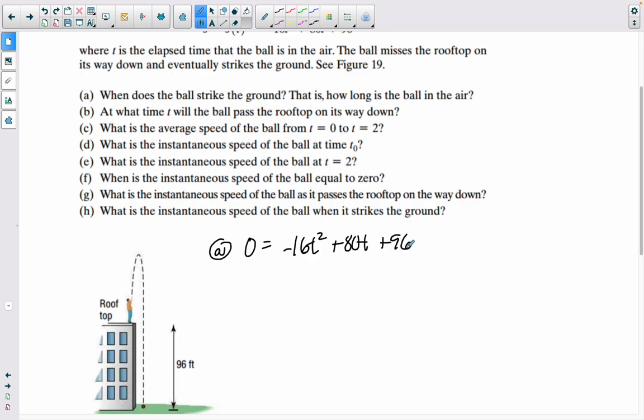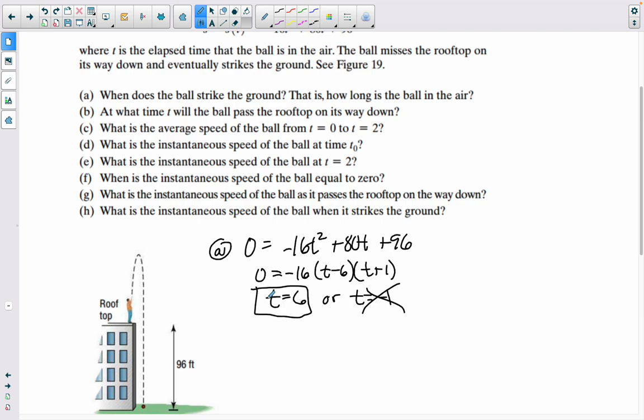Solve that. It is factorable. This is equal to negative 16 times t minus 6 times t plus 1. And so your two possible values for t are 6 and negative 1. Obviously negative 1 does not make sense physically, so our answer is t equals 6. So it takes 6 seconds to strike the ground.